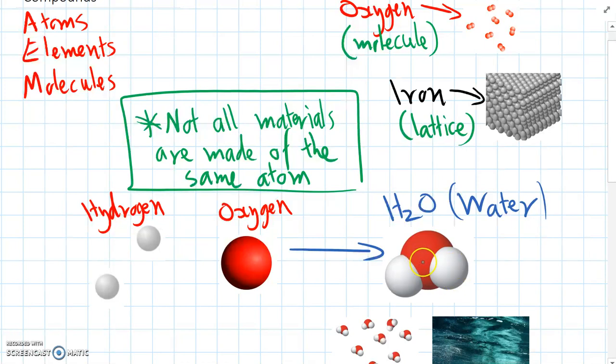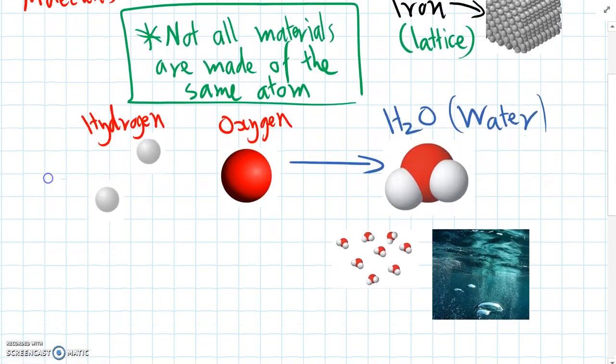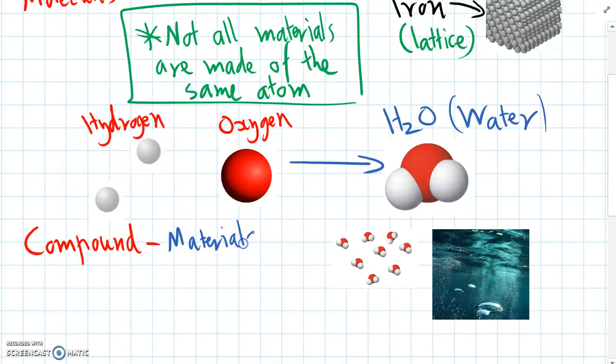So the key with this molecule is it's made of two different types of atoms. There's hydrogen and oxygen. And what we've made here is called a compound. So compounds are materials made of at least two different types of elements.